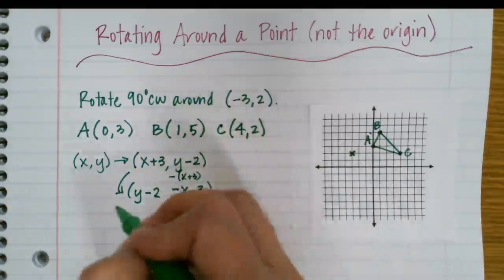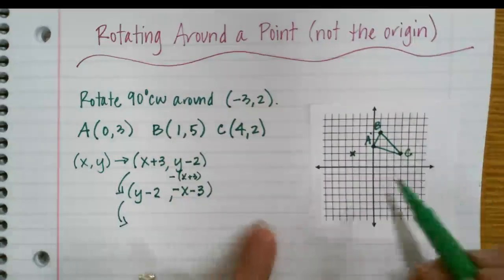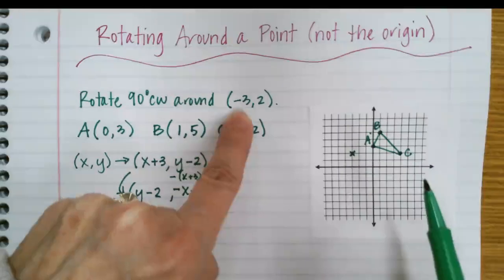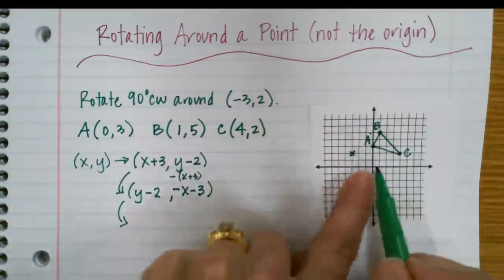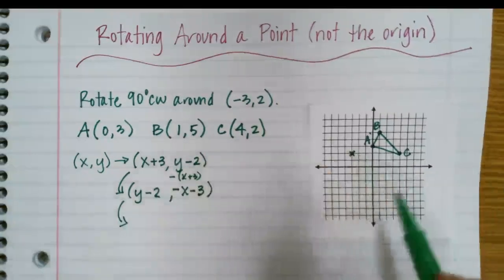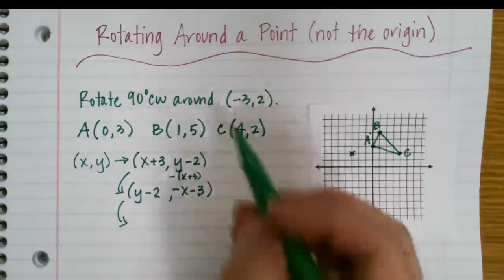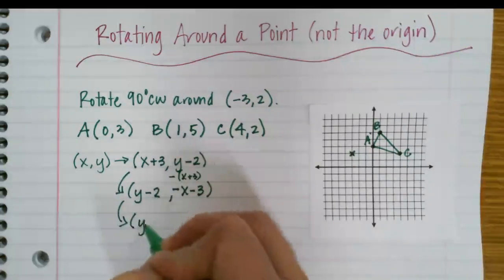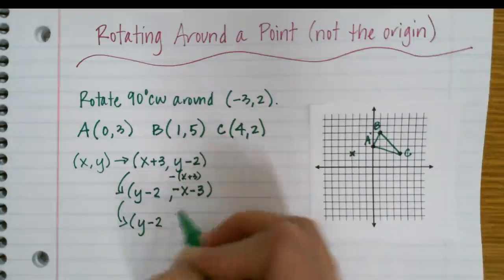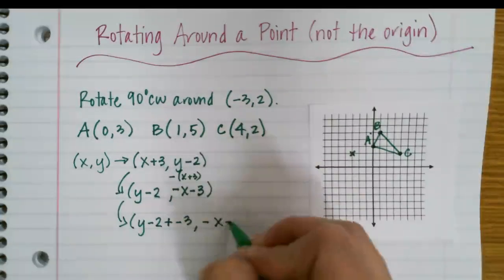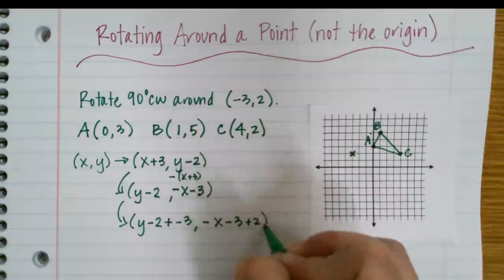Then the next thing that I need to do is add the center of rotation back. I've moved it, I rotated it, now I have to move it back. So to move it back, I need to add this, so I get y minus 2 plus -3, if you want to think of it like that, and -x minus 3 plus 2.